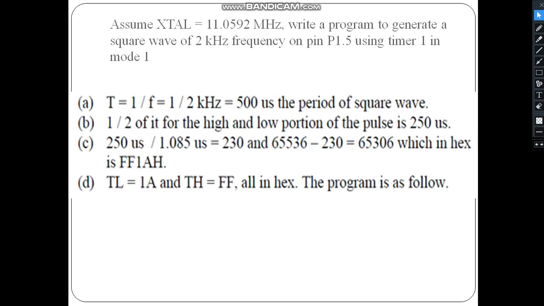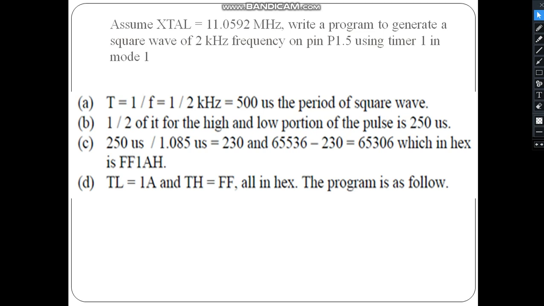In the problem, the oscillator frequency is 11.0592 MHz. We have already seen in the last class that for this oscillator frequency, the timer delay is 1.085 microseconds. Then we need to calculate the delay that is required. Here it is given that we have to generate a square wave of 2 kHz.